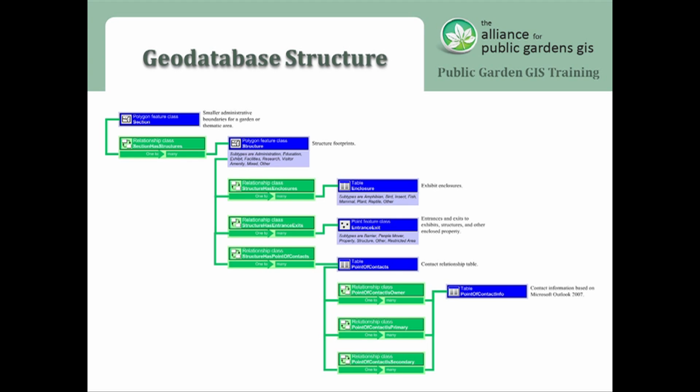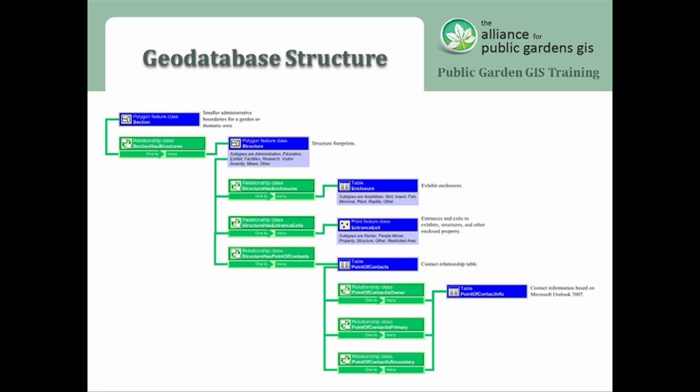We're not actually drawing in those enclosures, because the GIS at this point is not concerned as much with where things are inside of a building, but more just knowing that it exists. So instead of drawing the animal enclosures in, we're just providing a list of those animal enclosures for management purposes.